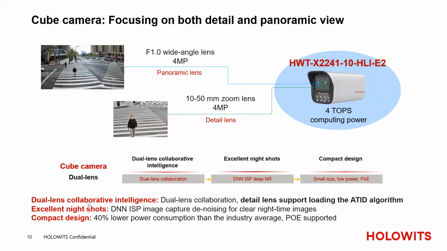For the dual lens collaborative intelligence, the detail lens supports loading the ATID algorithms. Second is the accent night shots. It has DNSP image capture, so it has denoising for clear nighttime images. It's also a compact design, with 40% lower power consumption than the industry average.